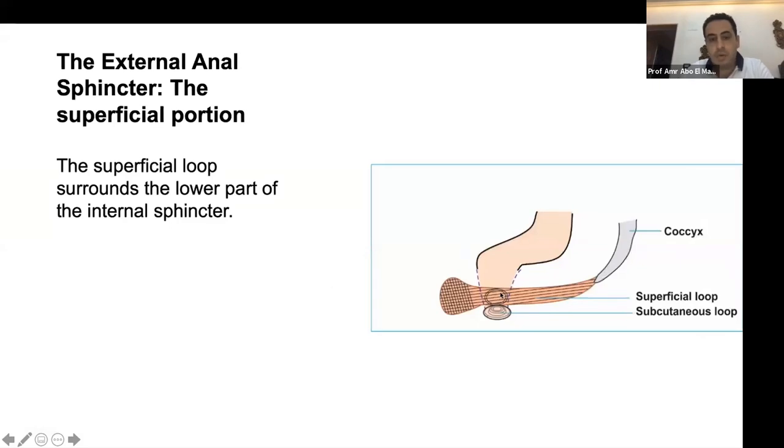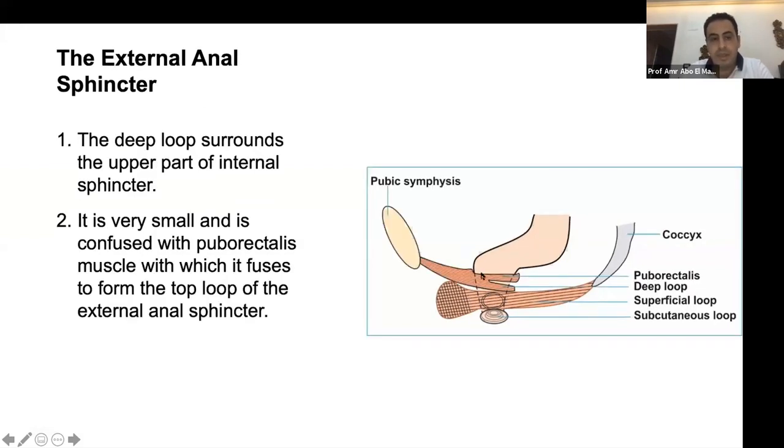The superficial loop surrounds the lower part of the internal anal sphincter. The deep loop surrounds the upper part of the internal anal sphincter, and it may be confused with the puborectalis muscle as they merge together.